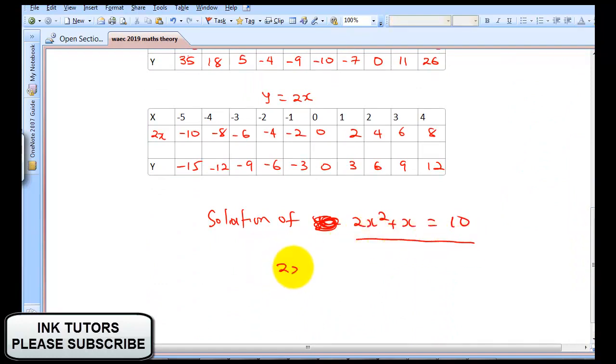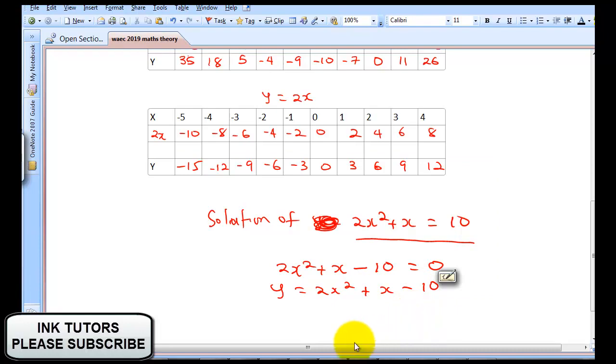This will be 2x squared plus x, plus 10 coming over becomes minus 10, gives us 0. So it's telling you, where does your graph equal 0 on the y-axis? Remember, our equation was y is equal to 2x squared plus x minus 10. Now, where does our graph cut across 0?